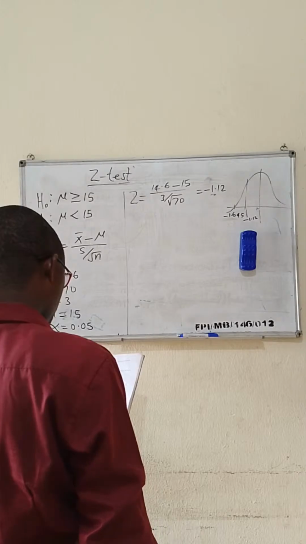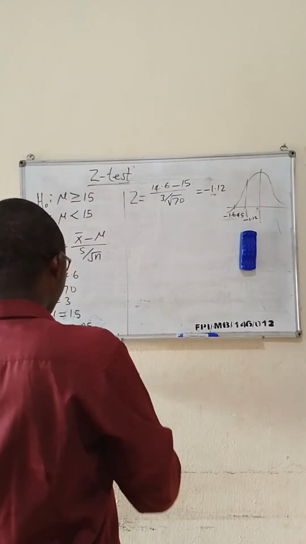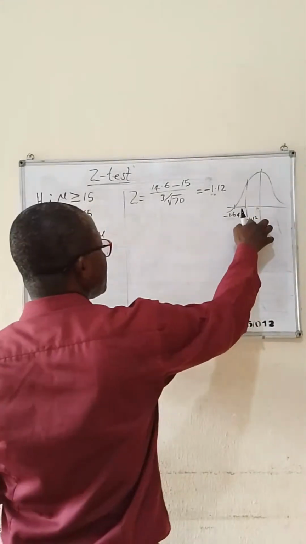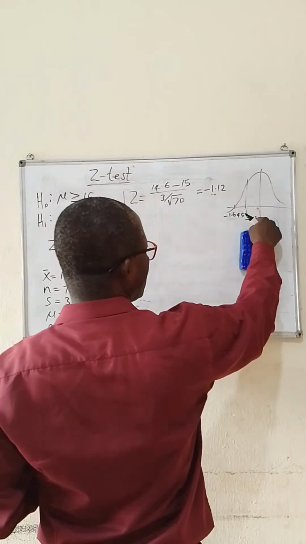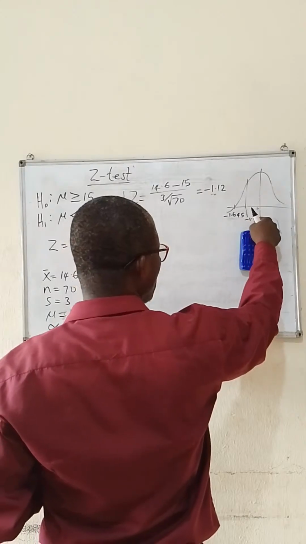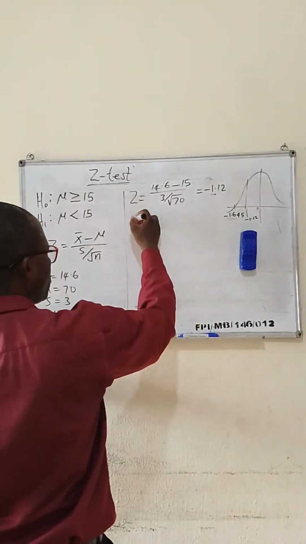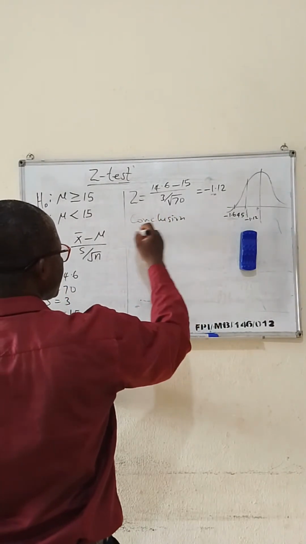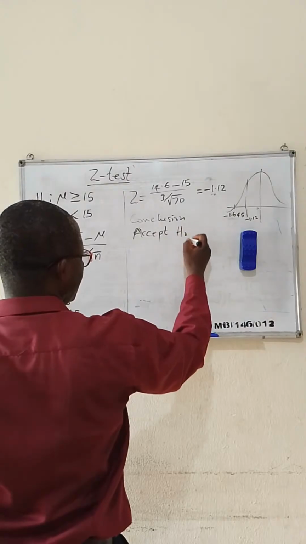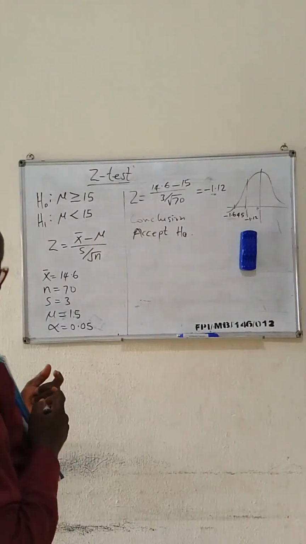So what we do now is to make a conclusion, because our Z is minus 1.12 and the table value is minus 1.645. We can accept the null hypothesis because our own is higher in value than the table value. So our conclusion is that we accept H naught, and that says that the treatment time is greater or equal to 15.